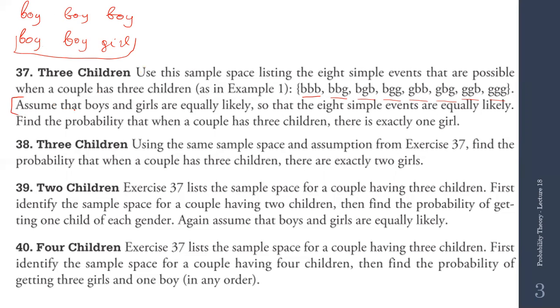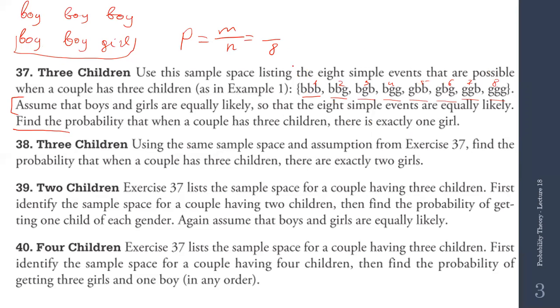We need to assume that boys and girls are equally likely, so that the 8 simple events are equally likely. Here's the question: find the probability that when a couple has 3 children, there is exactly 1 girl. We need to find the probability m over n. Again, n is 8, because 1, 2, 3, 4, 5, 6, 7, and 8.